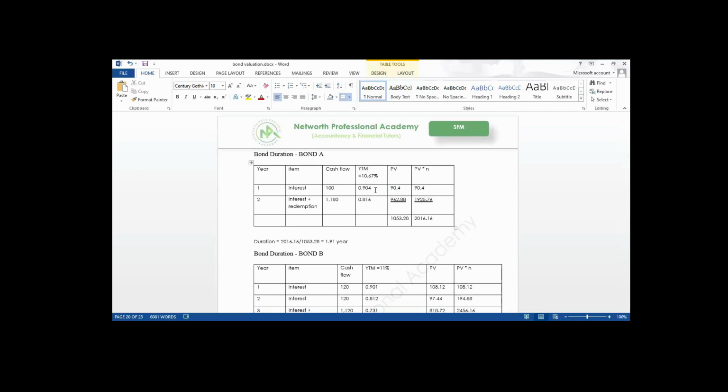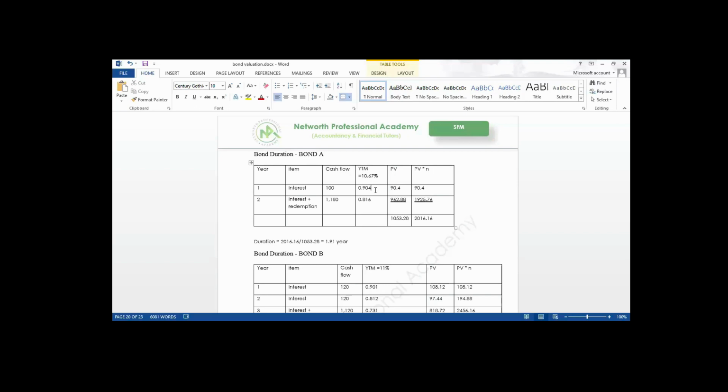What is the discount factor for year 1? 0.903.